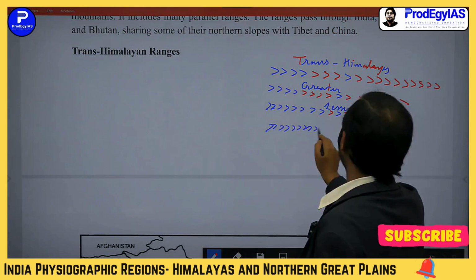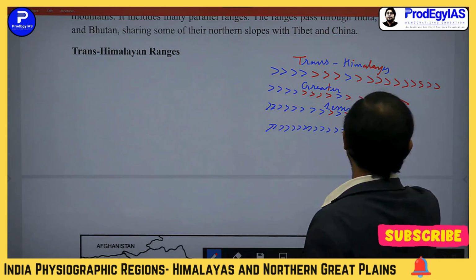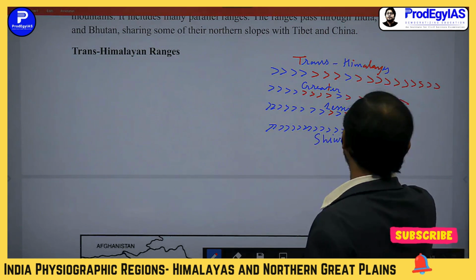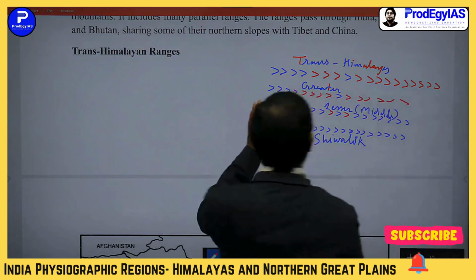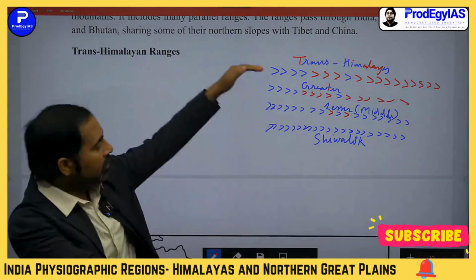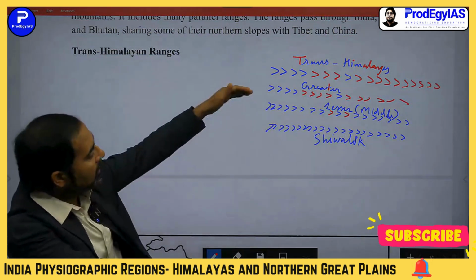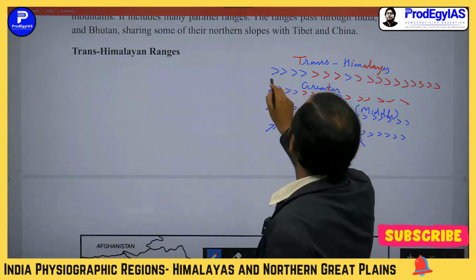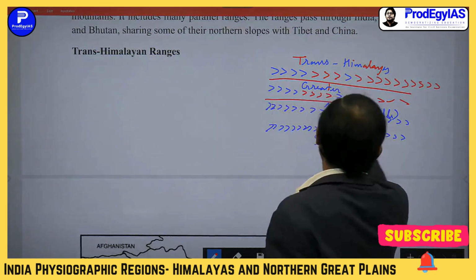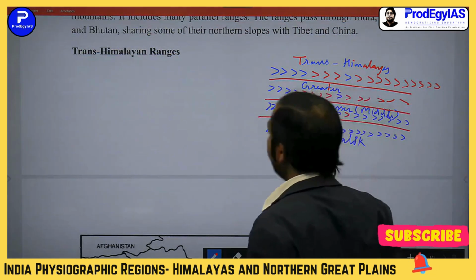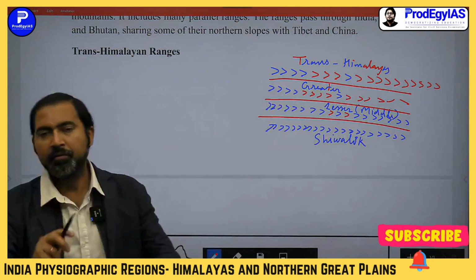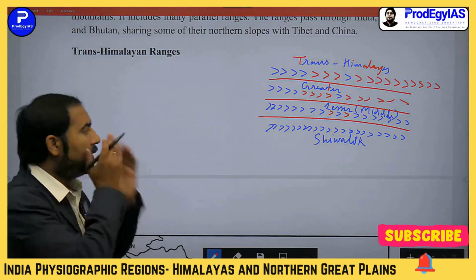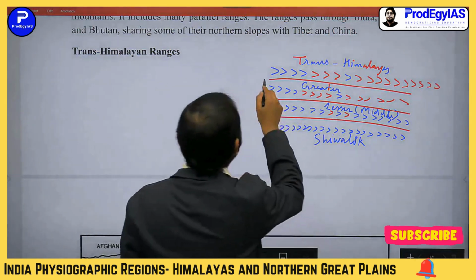Then the southernmost range of the Himalayas is known as Shivalik. So you have to understand that the Himalayas extend in this north to south manner: Trans Himalayas, Greater, Lesser, and then Shivalik. There are faults between these ranges. In geomorphology, I have detailed that fold mountains such as the Himalayas not only have folds, they also have faults, right? So between these ranges, there are faults.